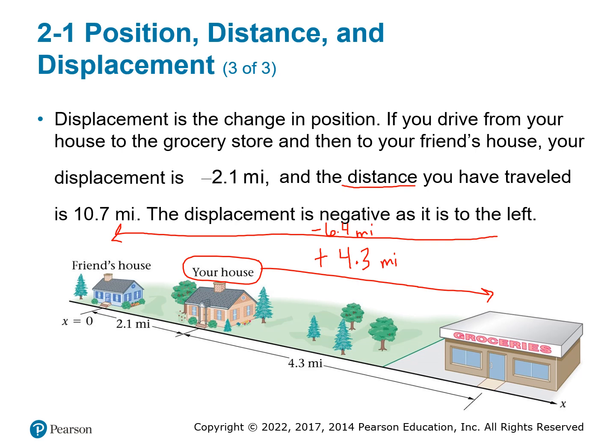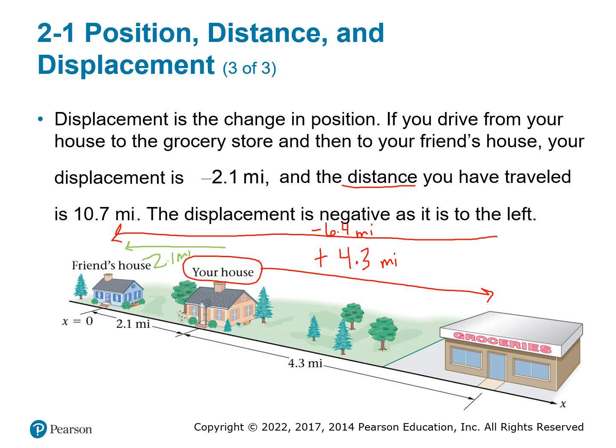When you calculate displacement, you can either take the difference of these two because you're going in different directions, or you can measure from start to end, which would be from your house to your friend's house, which is 2.1 miles to the left, and negative because it's going to the left.